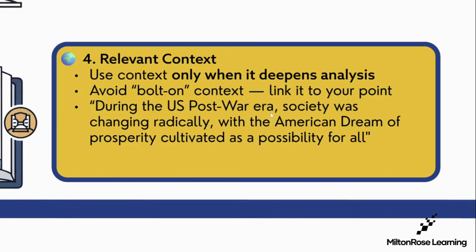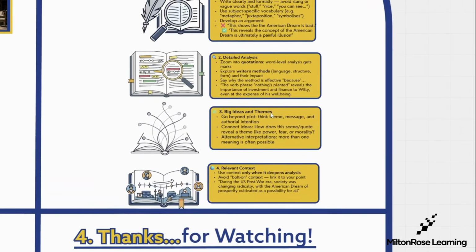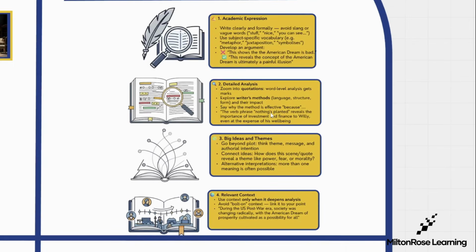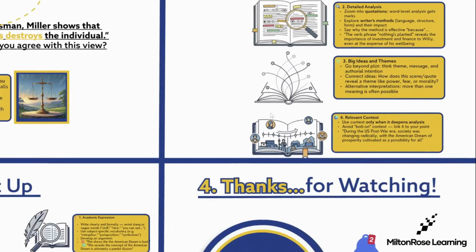He kind of believed that the American dream was everything. So I'd link it to Willy Loman then. Okay, so you put the context in and then link it to the play. Very, very important. Okay. So those are the 4 broad ways in which your teacher will mark your Death of a Salesman kind of essay.